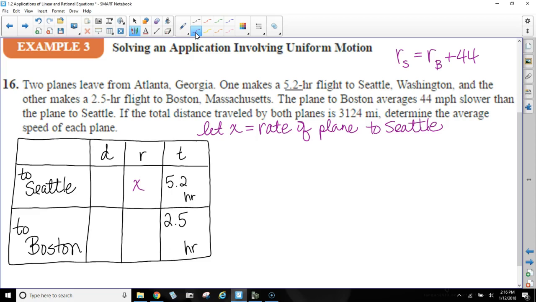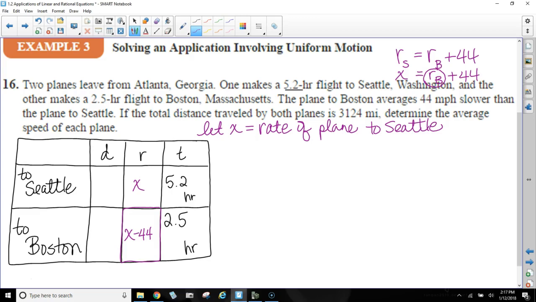Now we have assigned the rate of the Seattle plane a value of x. That's going to be equal to the rate of the Boston plane plus 44. So the rate of the Boston plane is going to be x minus 44. It's the rate of the Seattle plane less the 44 miles per hour that it is going slower.